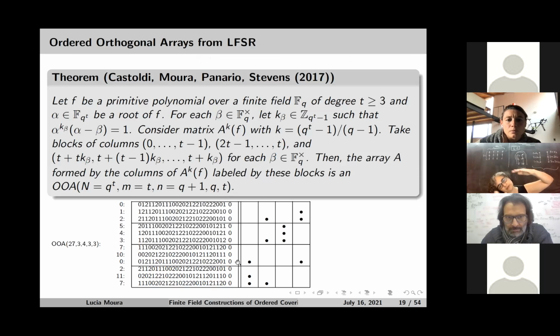You have to look at the array. Here the sequence is here, and these labels are which columns I chose of that array that I showed you before. So here is column 0 from that array, 1 and 2. And here, in a different order, I'm putting 5, 4, and 3. And I want this, when I look at it, to be an ordered orthogonal array. How those columns are picked is what this theorem is telling us.